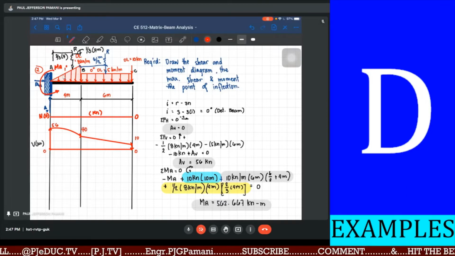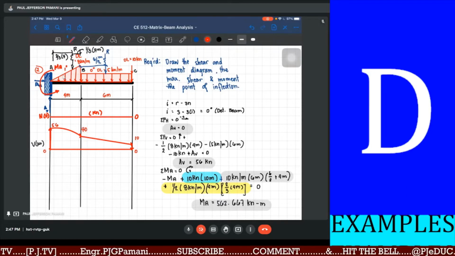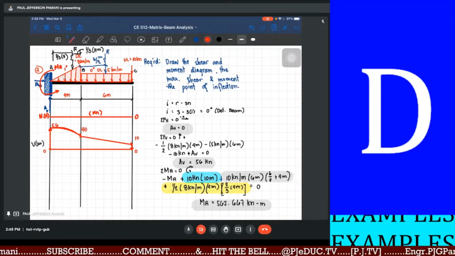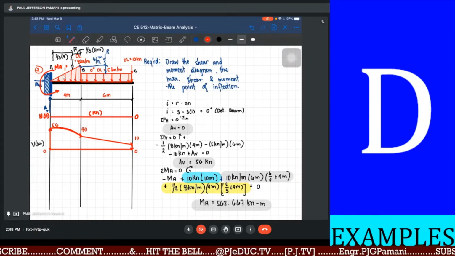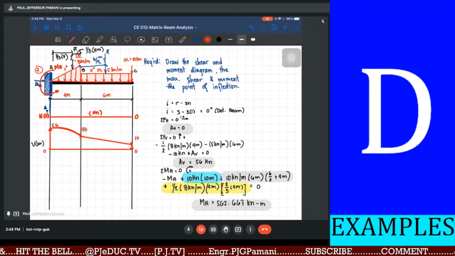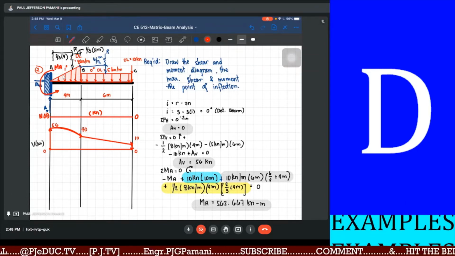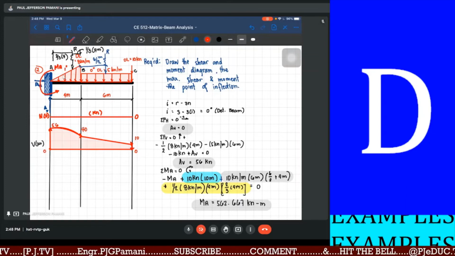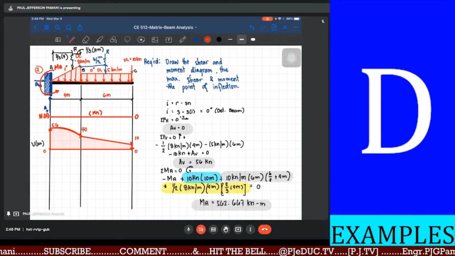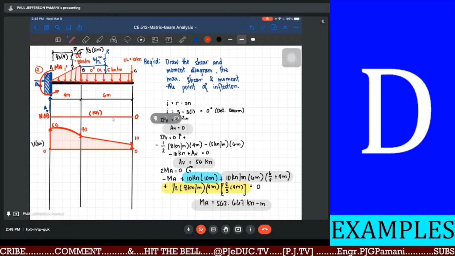So, tama yung ating reaction na na-compute. So, eto na ngayon yung ating shear diagram for this cantilever beam.